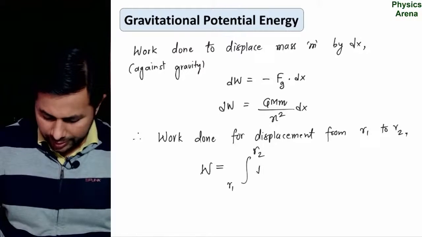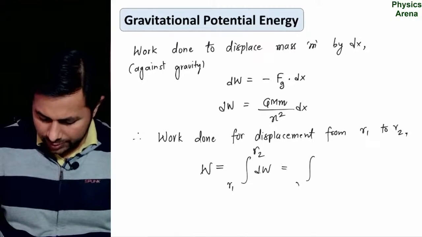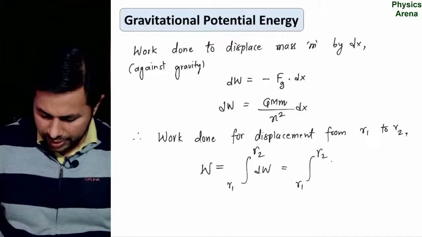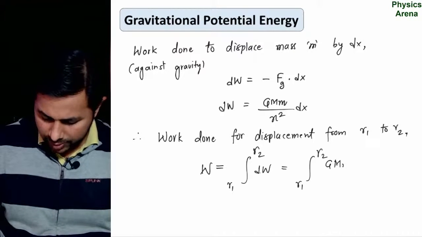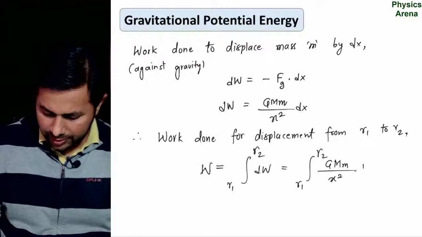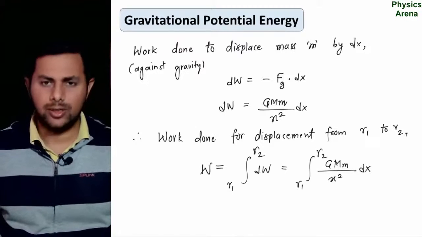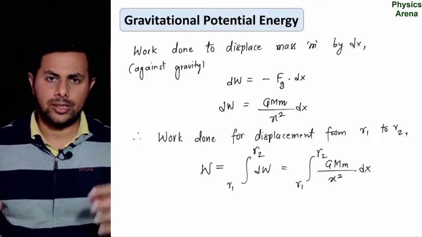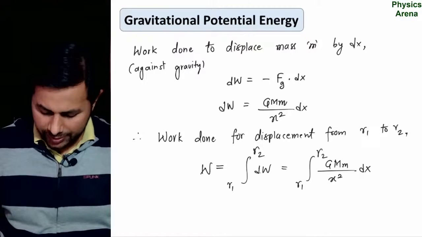And what is dW? It is GMm over x squared dx.